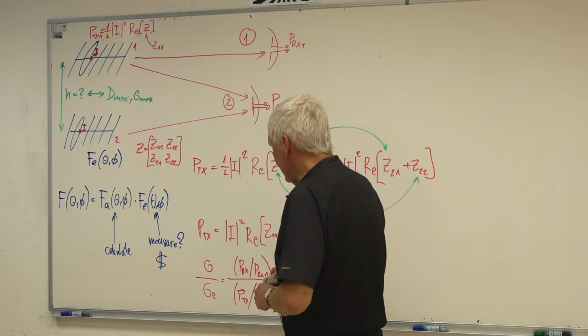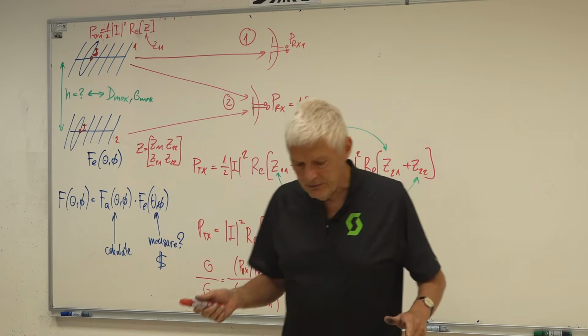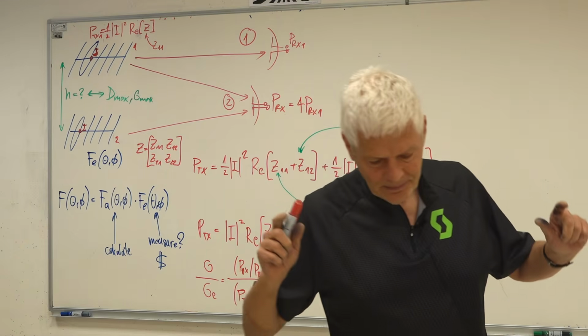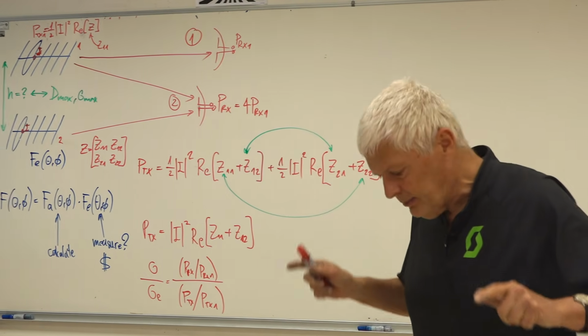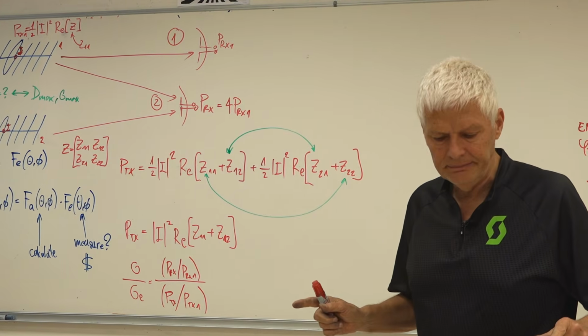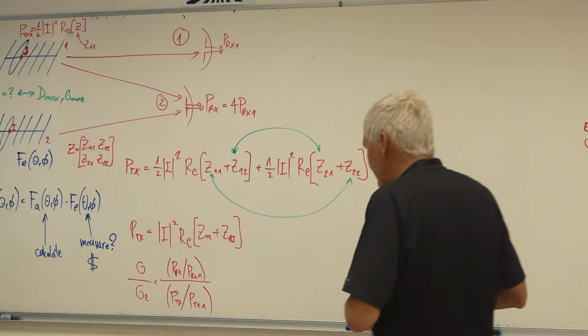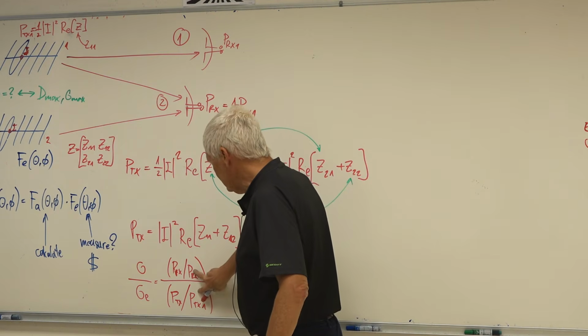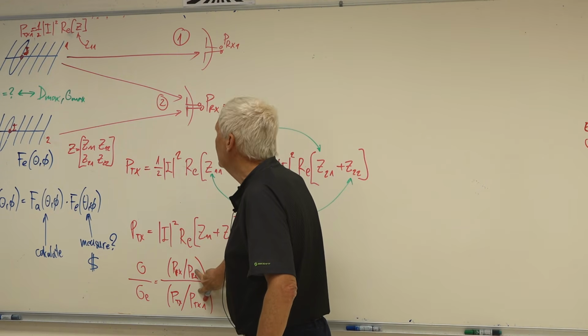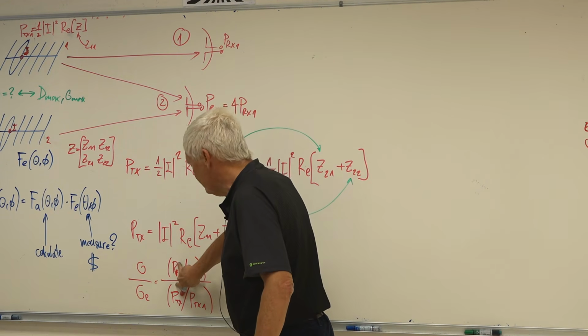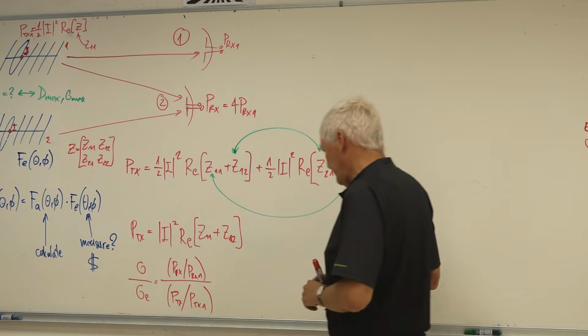This is actually the gain, because as I said the first hour, the directivity multiplication does not apply. So I have to calculate this case for the one antenna, and this case for 2 antennas operating in our array.